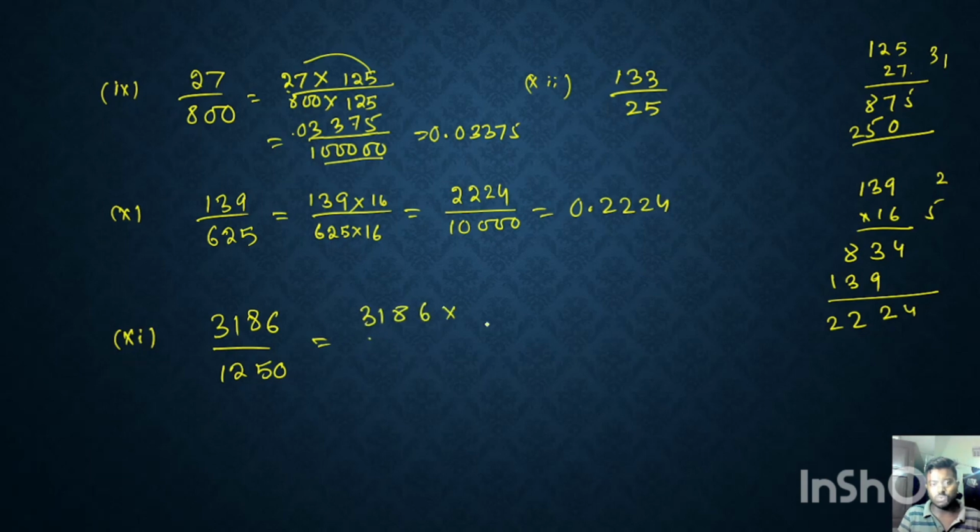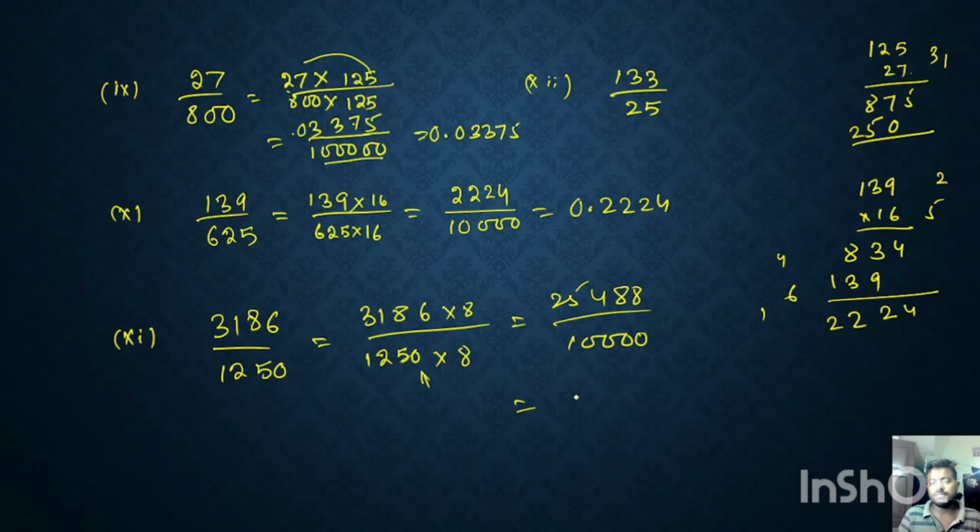3186 into 1250 into. So 125 combination is 8 because when we multiply 8 with 125, the answer is 1000 and here is 10 is there, so 10,000. So we multiply the numerator with 8. 8 6s are 48, 8 8s are 64, 68, 8 1s are 8, 6 14, 8 3s are 24, 25.